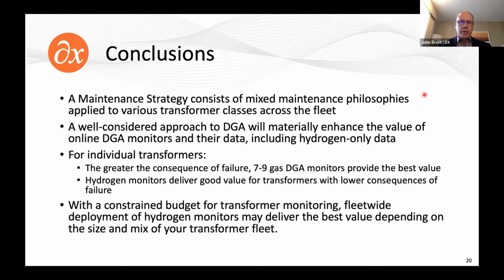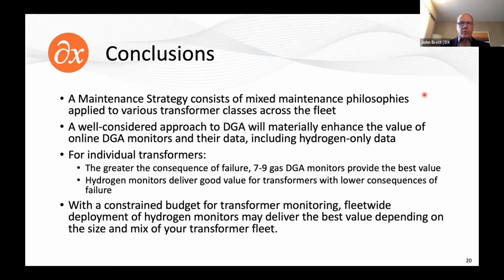The initial work was done by Freddie Jacob, who many of you might know. He's one of our pioneers in this field. He's a chemist, and Jim Dukarm, our founder, a mathematician, contributed to verify the math. Basically, you're looking at the enthalpies of formation. How much energy does it take to convert a molecule of mineral oil to a molecule of each of the key gases?